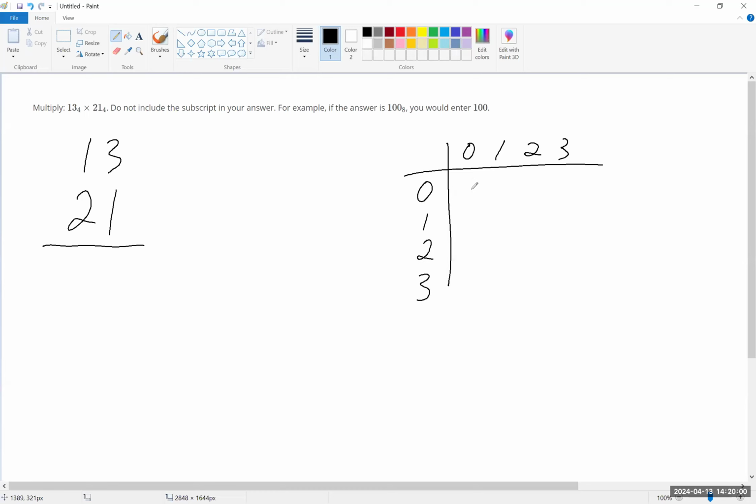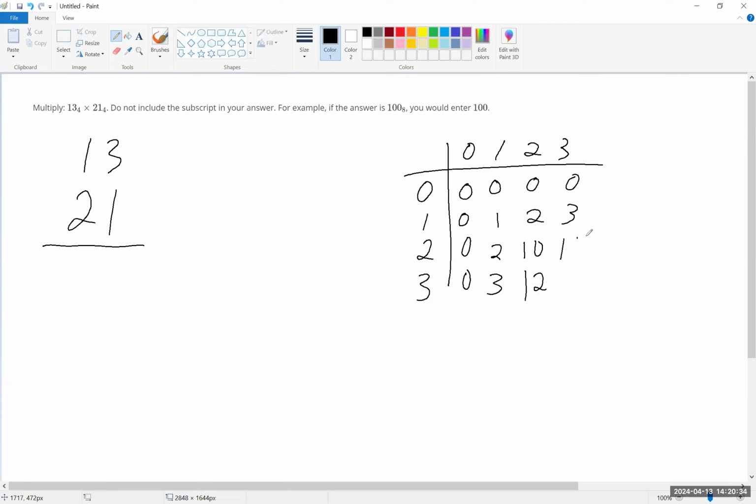0 times 0 is 0. And I guess all these are zeros. 1 times 1 is 1, 1 times 2 is 2, 1 times 3 is 3, and the same over this way. 2 times 2 is 4, but 4 is 1, 0 in base 4. 3 times 2 is 6, but 6 is 4 and 2, but 4 is 10, so 10 plus 2 is 12.